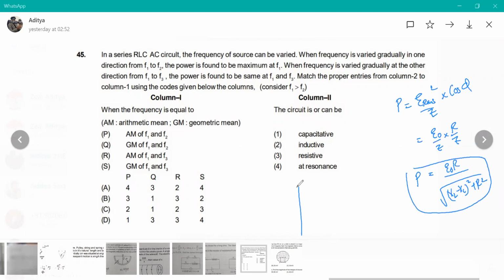So you can see that the power versus frequency looks like this. This will be the resonant frequency, where the power will be maximum.